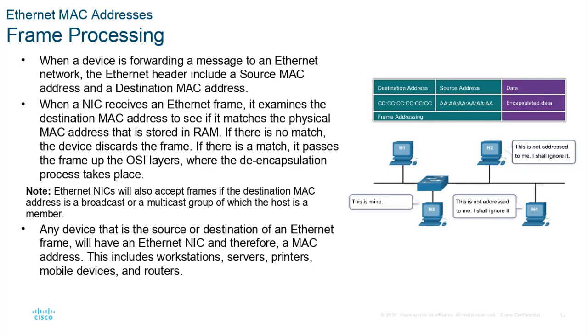Now, there is a note here that there's a special thing called a broadcast group or multicast group in which they will pay attention to a value that's not particularly theirs. So, for example, an ARP request is in the form of a broadcast. I say I'm PCH1 and I'm trying to ping PCH3, but I don't have that in my ARP cache, so I'm sending out an ARP request that says, calling all stations, if your IP address is the IP address of H3, please send me back your MAC address because I want to be able to ping you.